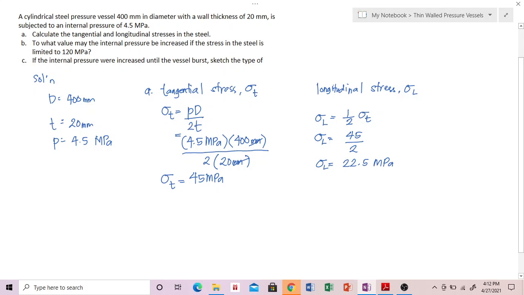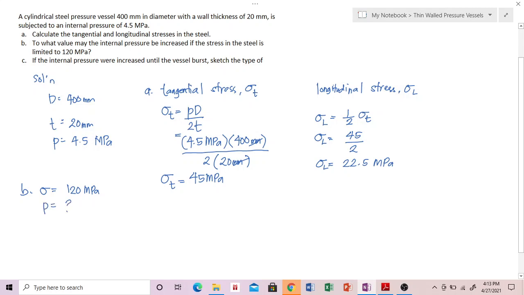Ngayon, ang tinatanong naman is the internal pressure. What is the internal pressure daw kung ang stress is limited to 120 megapascal, no? So ang tinatanong naman is the internal pressure.